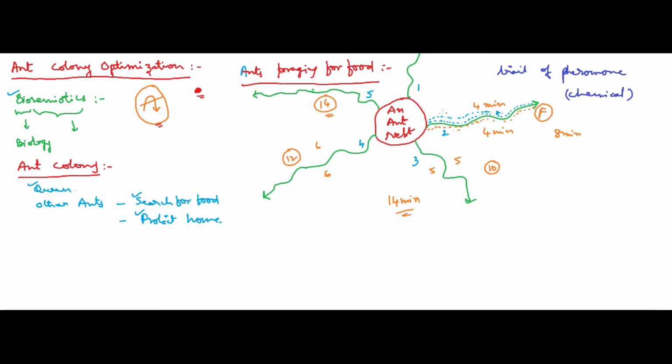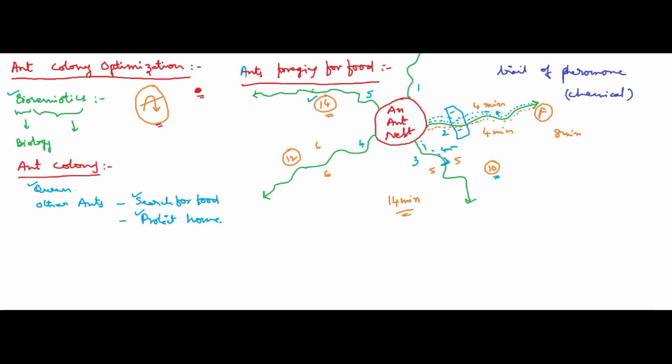So what will happen? Now it is a layer of 1, 2, 3. 3 layers of pheromone have been poured in this way. And coming to this, it is 10 only. So it is 10, and our time is 14. So maybe it may come here and go there, up to 4 minutes of time only it has the extra pheromone.